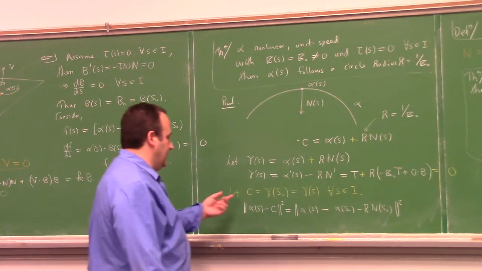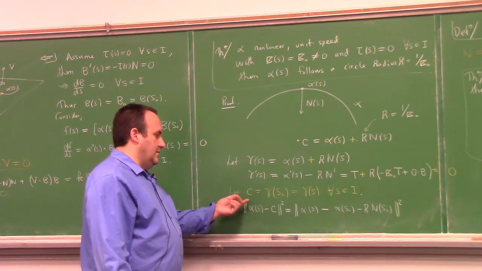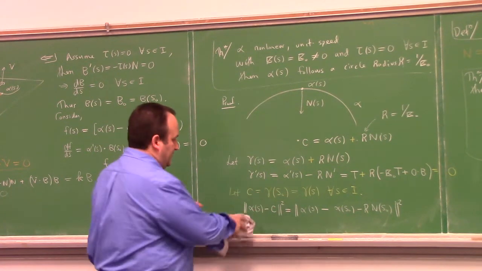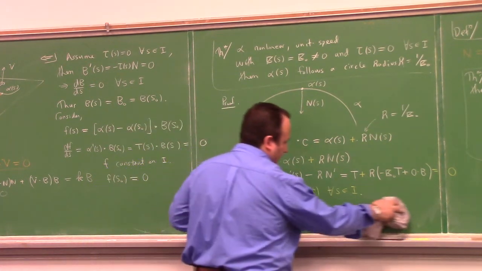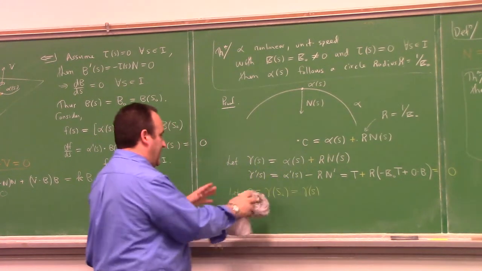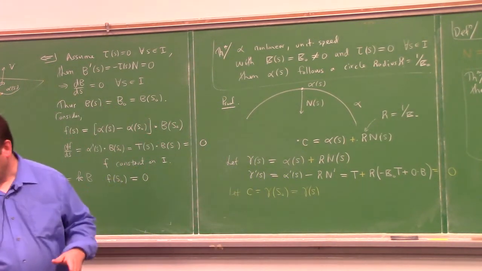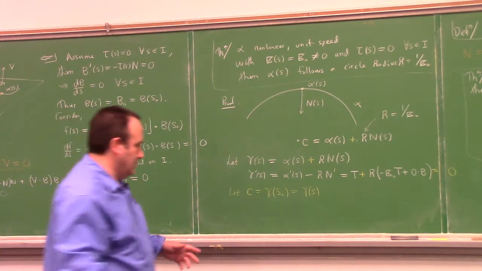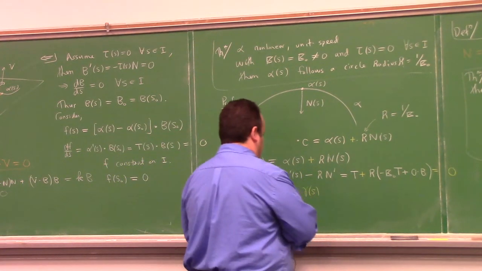So C is equal to gamma of S for all S, and I'm working too hard down here. I just need to write, what is gamma of S equal to? It's actually almost apparent here.